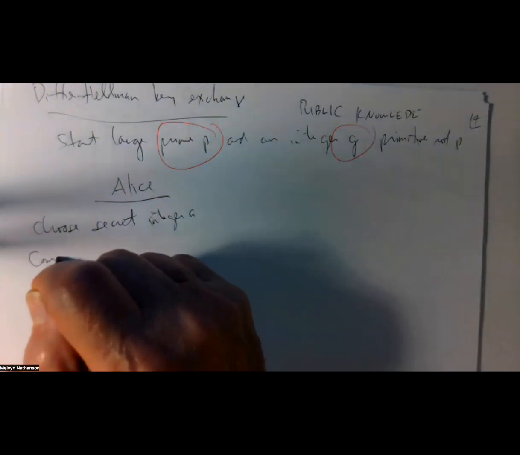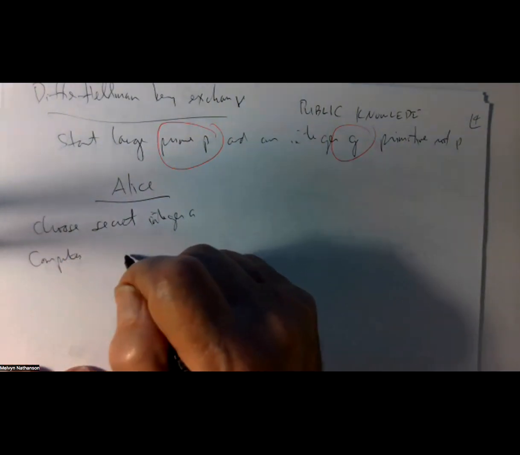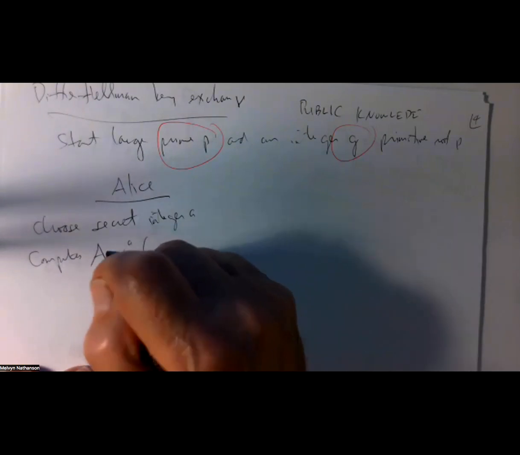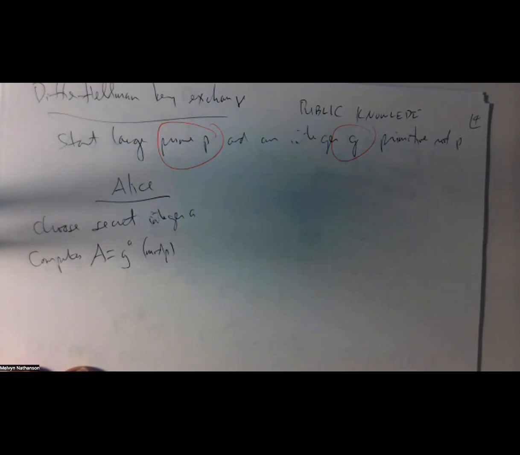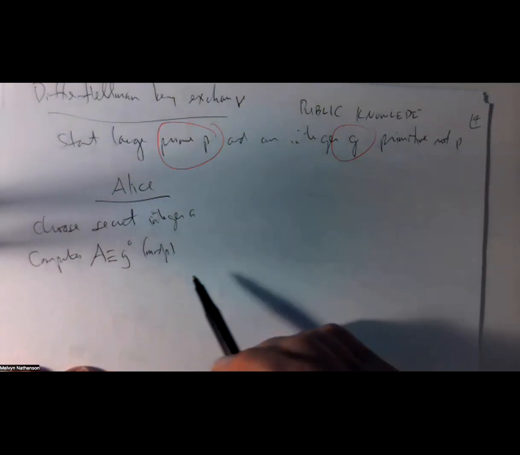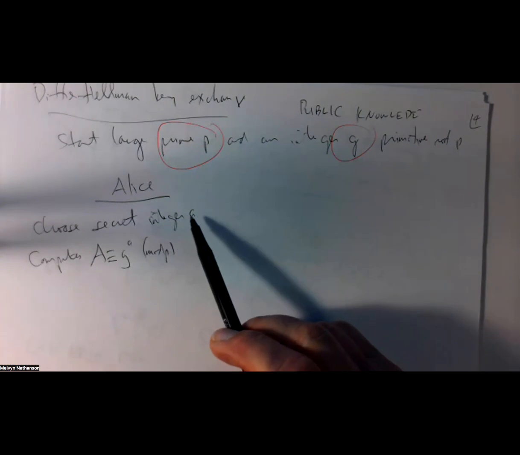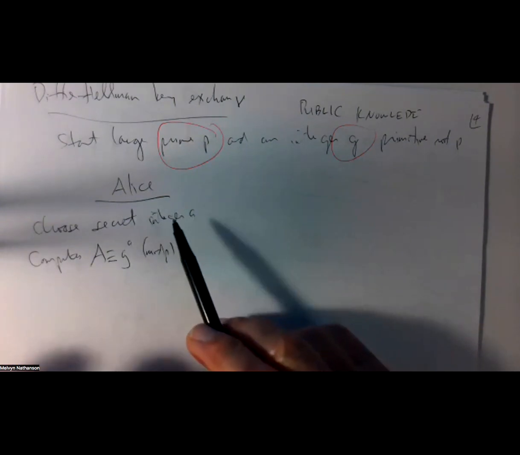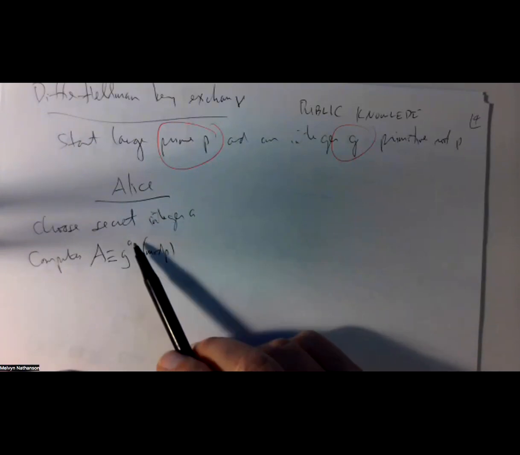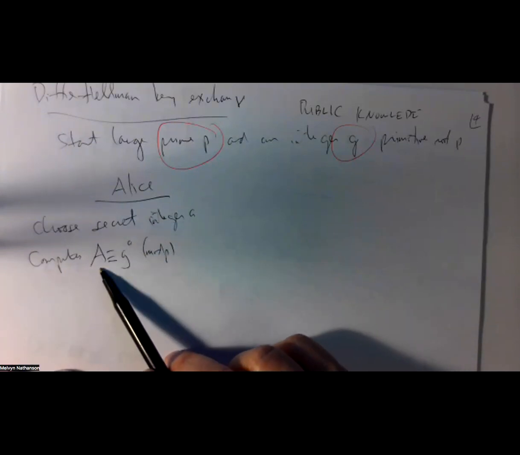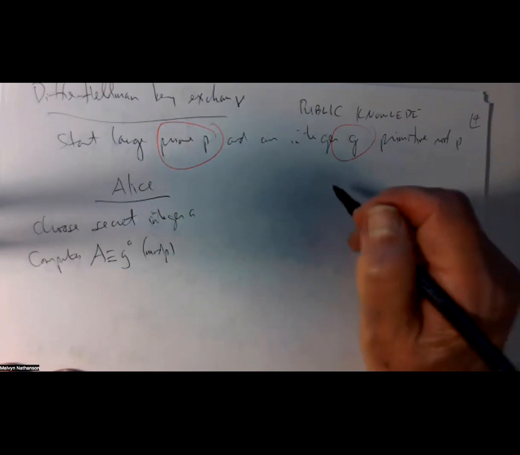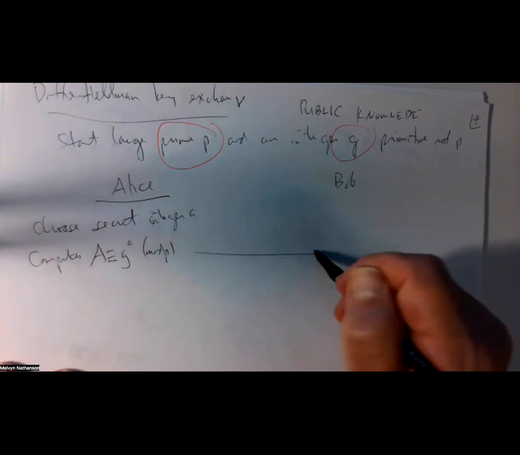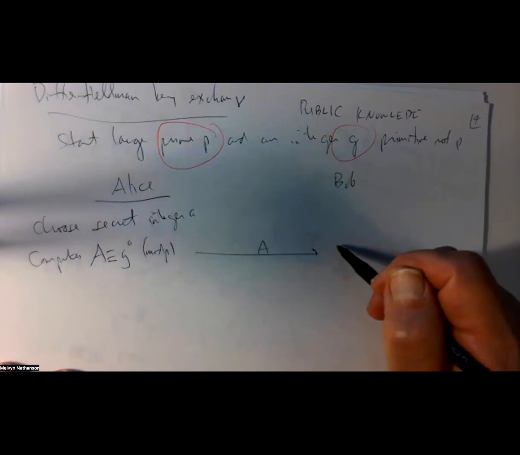And then she computes G to the power a mod P, and she gets some number A. So Alice picks a secret number a. She's never going to send this to Bob or anyone else. That's her secret number. She takes G to the power a and calls that number capital A. And here's Bob, and she sends the number A to Bob.